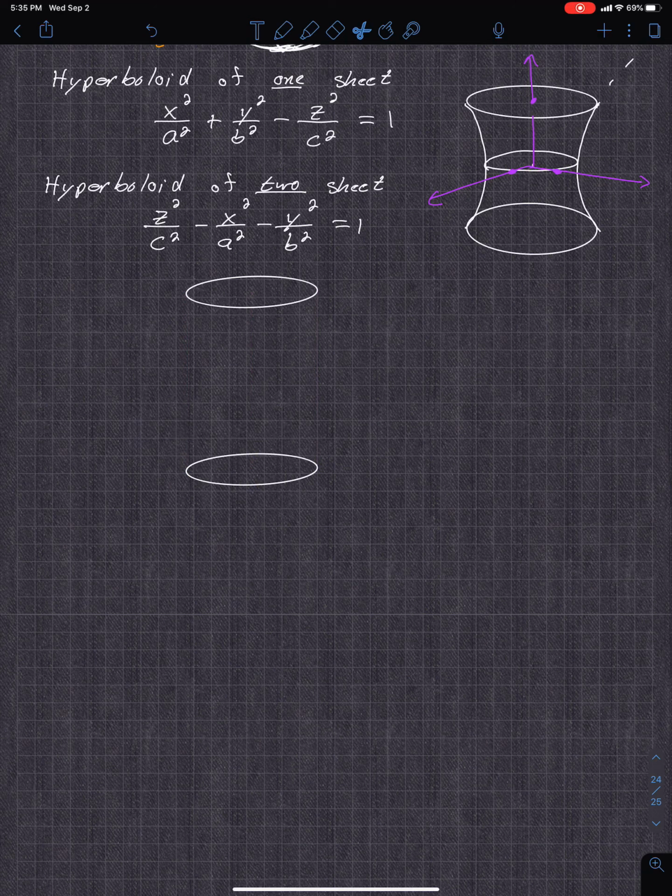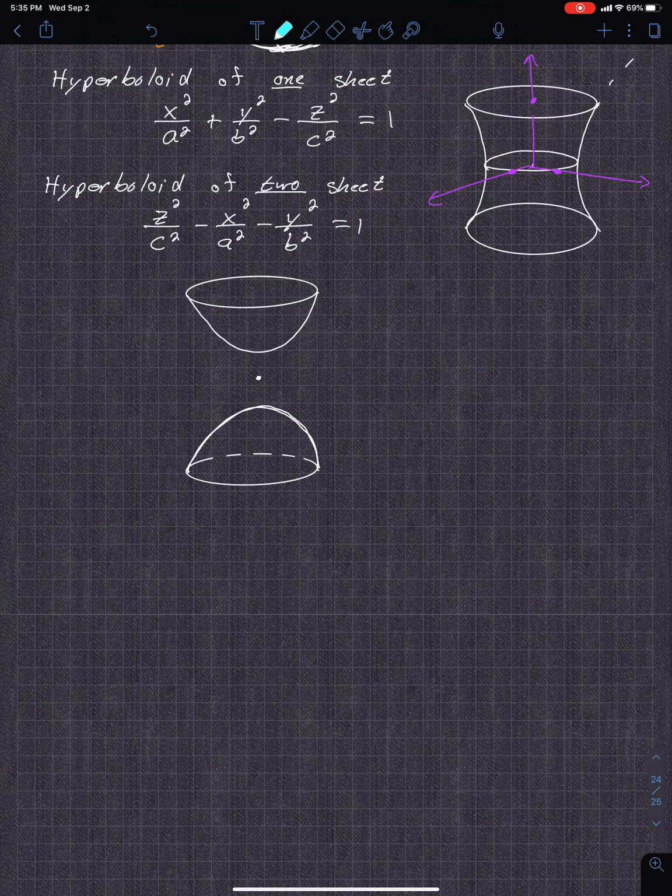So these are like little bowls that come down like that. And this one goes up like this. So it's missing stuff in the middle completely. Okay, so that's your hyperboloid of one and two sheets, and your axis is on the inside here.